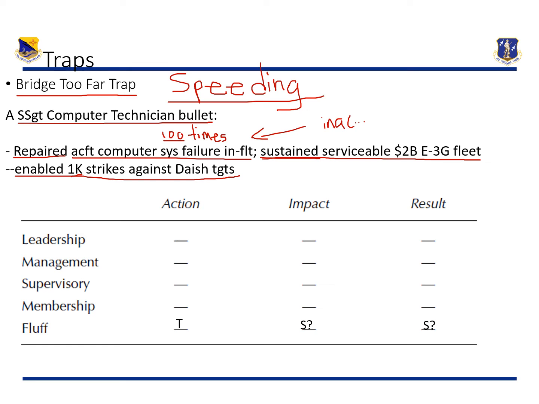And so I would say the action would not fall as fluff. It is definitely a member tactical level action. Maybe if we would have added the 100 times or whatever number of times, maybe adding expertise to it would bump it to supervisory, very weak supervisory level.